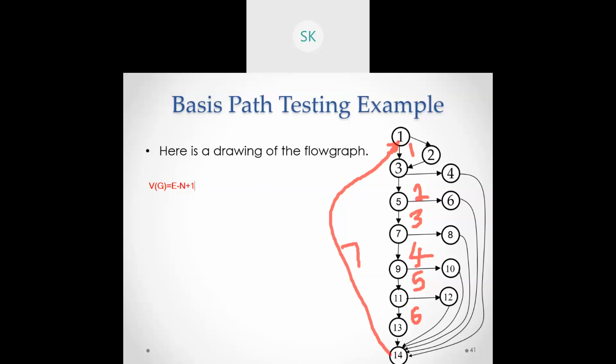If this particular edge is not there, then we have the complexity of the graph calculated as V(G) equals E minus N plus 1, plus 2. Why 2? Because of Hawk's theorem.